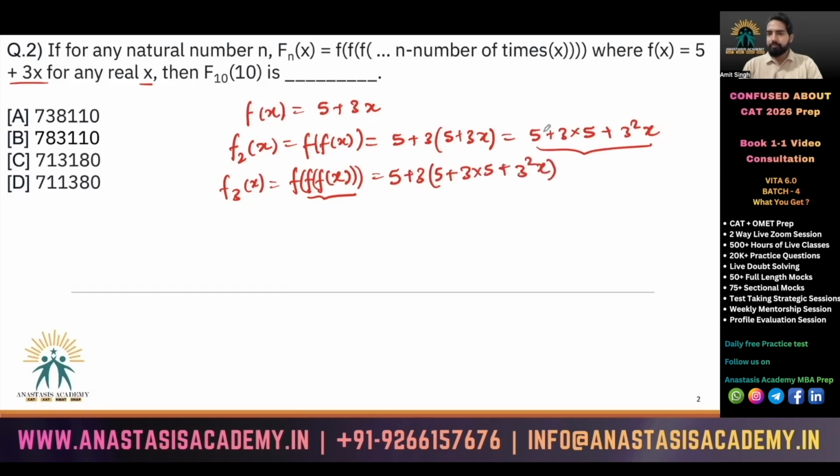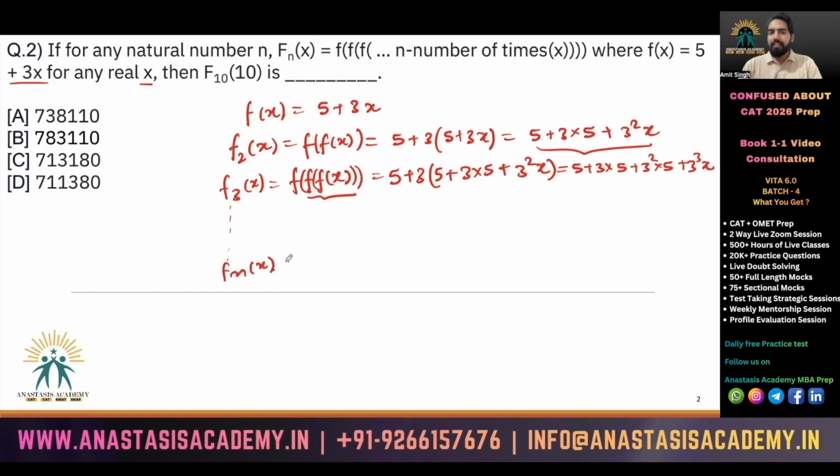I have not added these two terms because I want to find the pattern that is hidden in these type of questions, right? I want to know the pattern, right? That is why I am keeping these terms separate, right? So it becomes 5 plus 3 into 5 plus 3 square into 5 plus 3 cube into x.